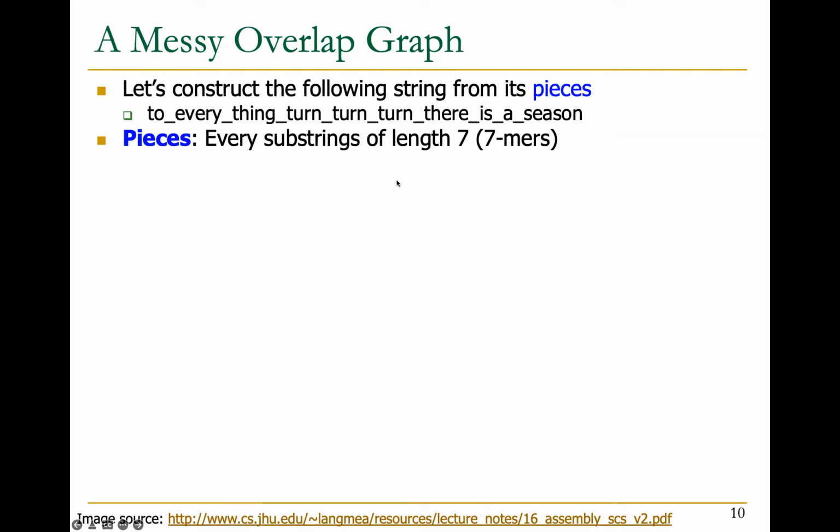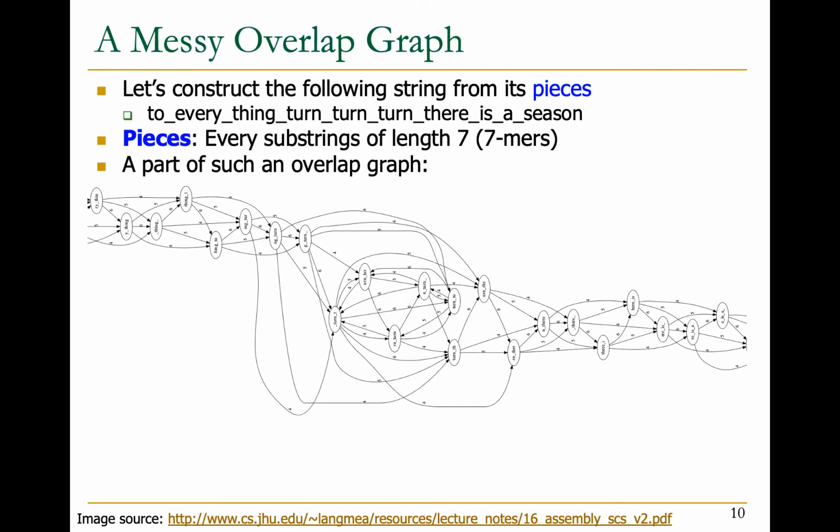If you wanted to create the graph as I explained in the previous slide, only a part of the graph would look like this. It's clear that there should be some cycles and some ambiguities. It's not clear where we should start, where we should go, so that we can fully construct this sentence from this graph.